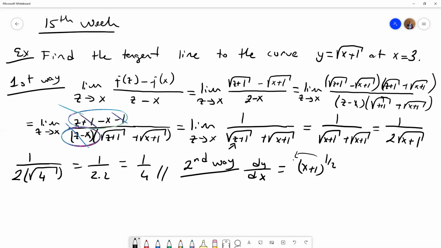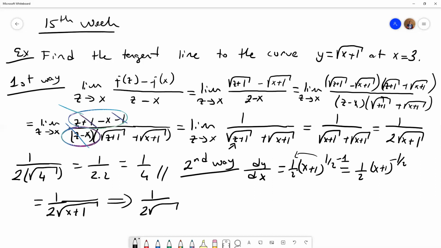If we write 1 over 2 here while taking the derivative and subtract 1 from the power, it is 1 over 2 times (x plus 1) to the power minus 1 over 2, that is 1 over 2 square root of x plus 1. And finally at the point 3, 3 plus 1, 1 over 2 square root of 4, and 1 over 4 is the answer. Yeah, this is the second way.